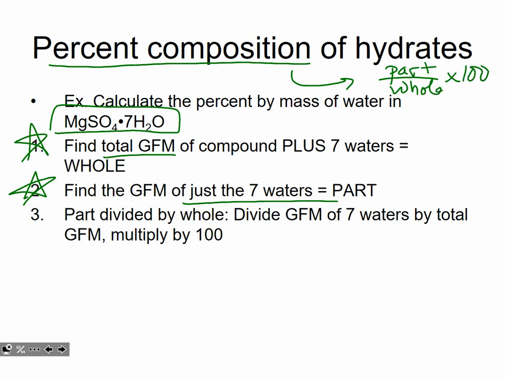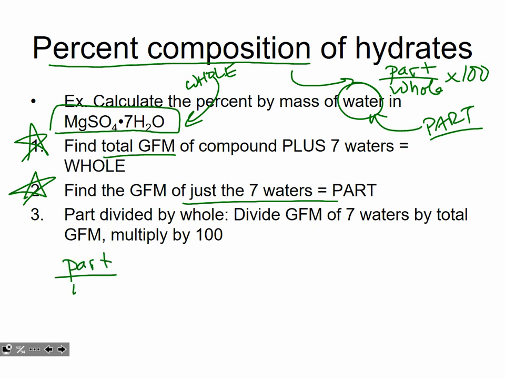And when we talk about hydrates, we're typically looking for the percent by mass of water. So the water is always going to be the part, and the entire thing is going to be the whole. So using this previous example, using this magnesium sulfate heptahydrate to show you how we do this, we want the percent water in it, so we want part over whole times 100.